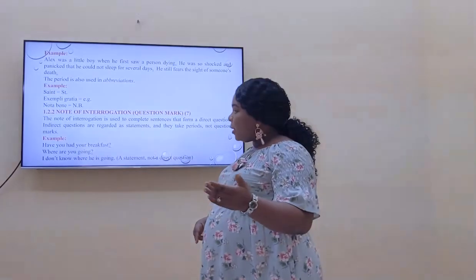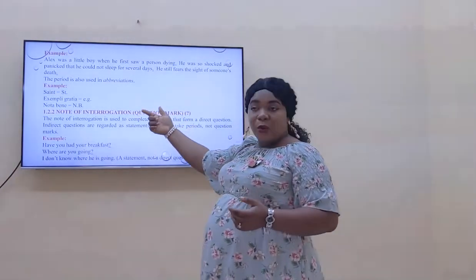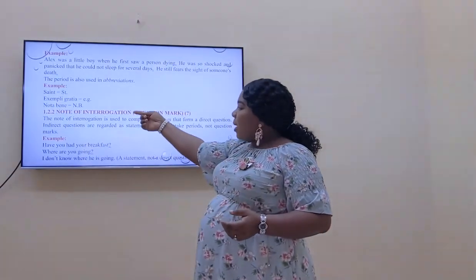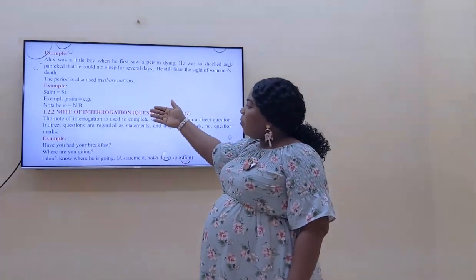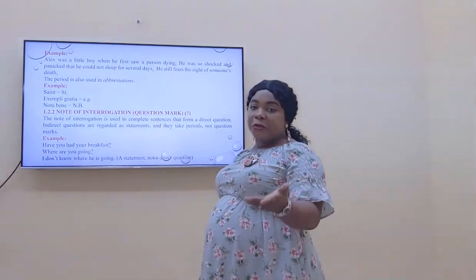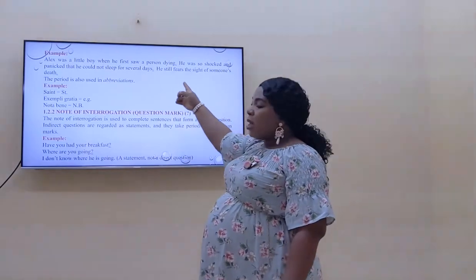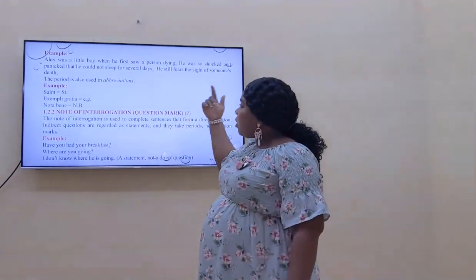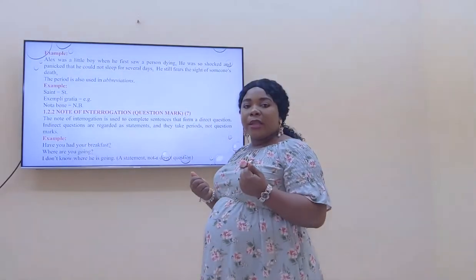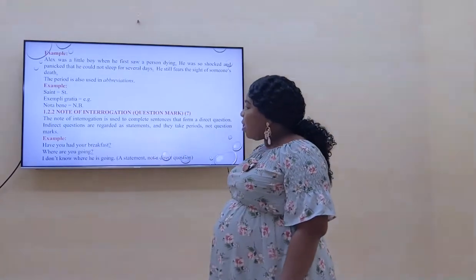That means Saint. Example, exempli gratia, where we have e.g. Nota bene, that is note, N.B. Okay, so these are the functions of period or full stop, if you like. Imagine reading this sentence without a full stop. It'd be hard for you to catch your breath. So a full stop helps you to catch your breath, okay? It ends a sentence before proceeding to another one.